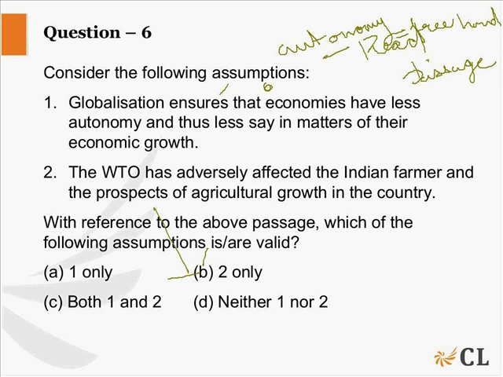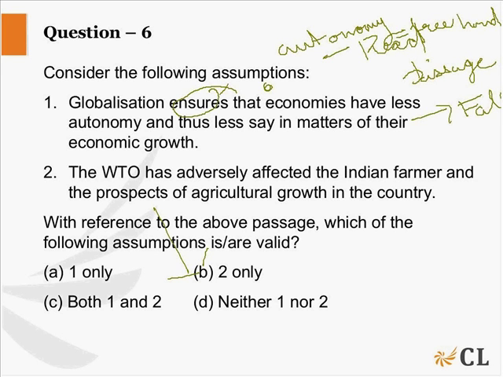And here the catch is not autonomy and control. Here the catch is this: ensures. If you look at the option now, it says globalization ensures. Ensures means makes it sure that economies have less autonomy. Globalization is not ensuring that. It's simply a fallout of the globalization. It is simply a fallout.